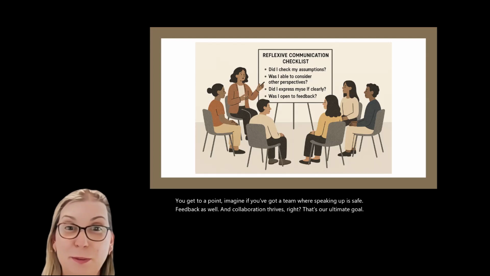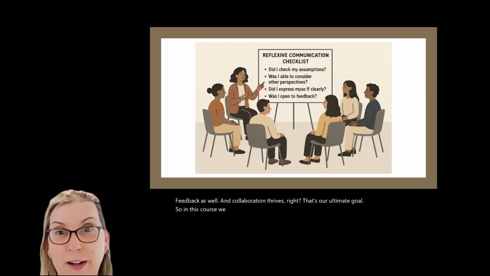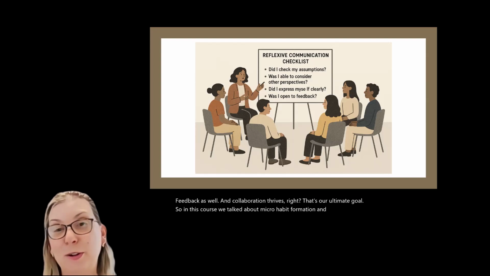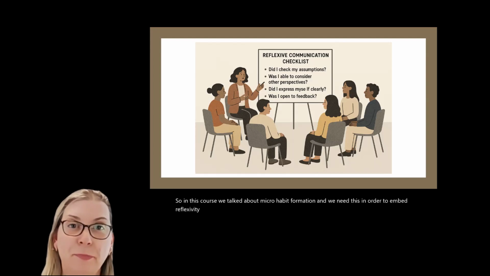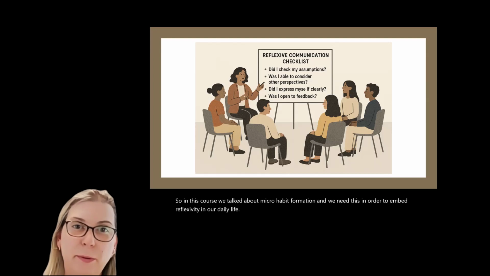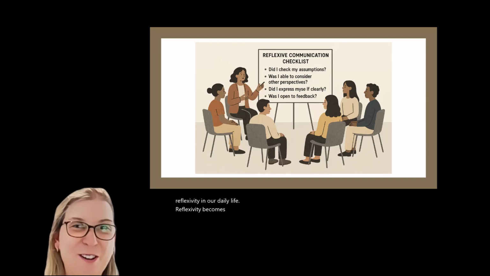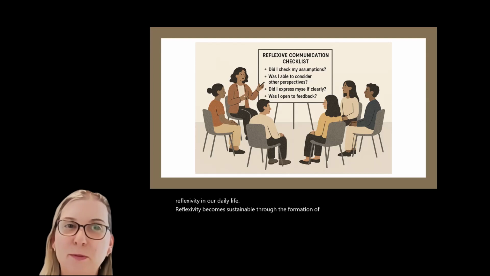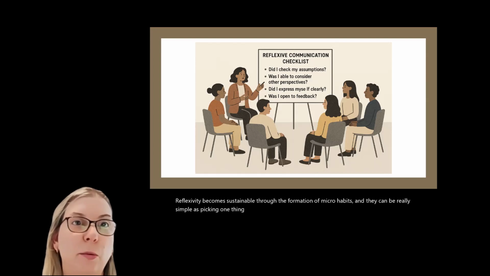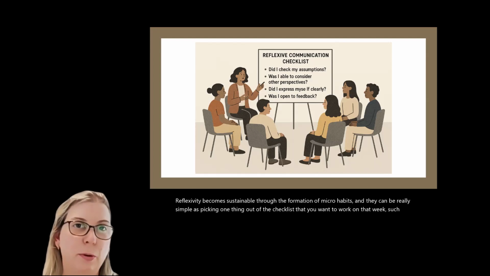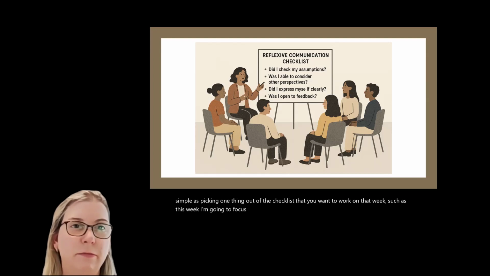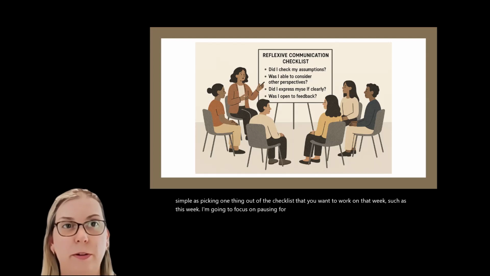So in this course, we talked about micro habit formation, and we need this in order to embed reflexivity in our daily life. Reflexivity becomes sustainable through the formation of micro habits. And they can be really simple as picking one thing out of the checklist that you want to work on that week, such as this week I'm going to focus on pausing for 3, 5, 10 seconds before I respond.